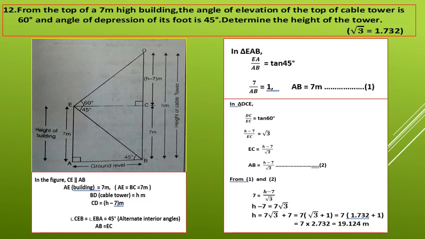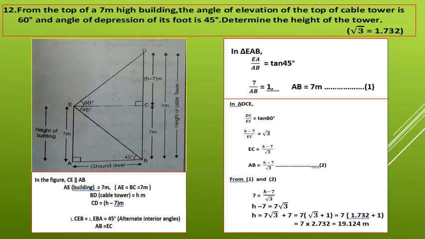Now in triangle DCE, DC by EC is equal to tan 60 degree. DC is H minus 7 divided by EC is equal to tan 60 degree value is root 3. We know that EC equal to AB.